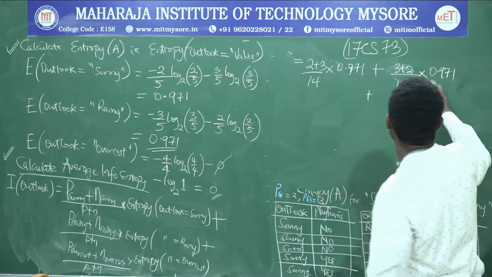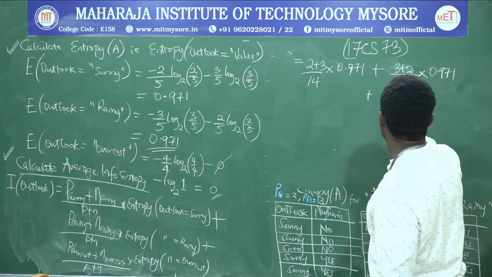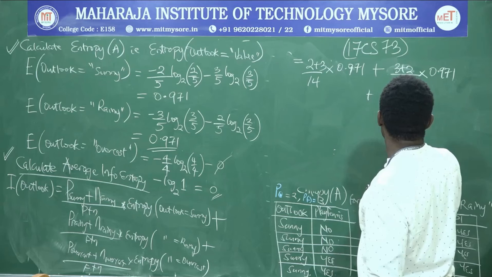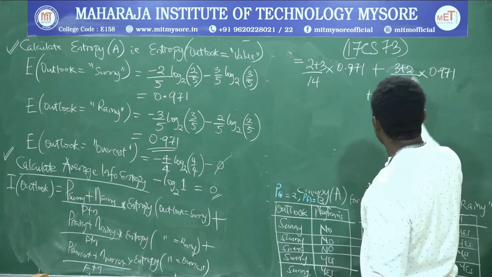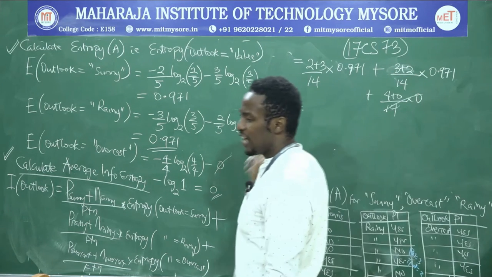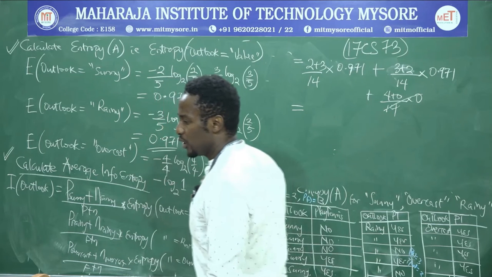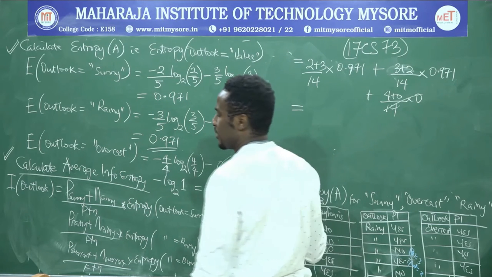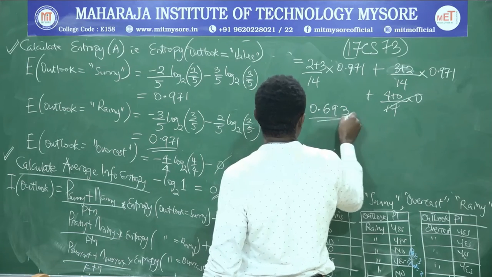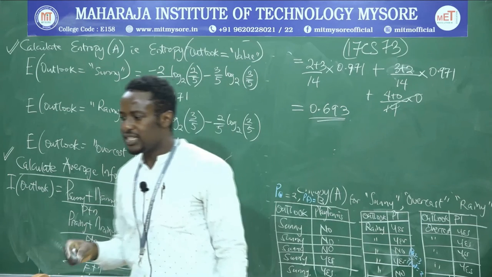If I multiply anything by 0, it disappears, but for the purpose of you guys, I will do it: 4 plus 0 upon 14 into 0. Whatever you get and multiply by 0, that disappears. Let's evaluate this. After evaluating, we get 0.693.